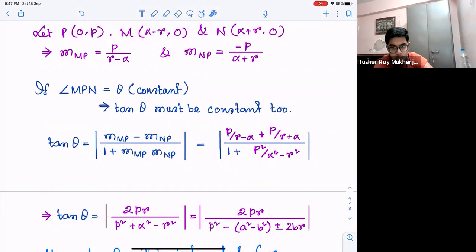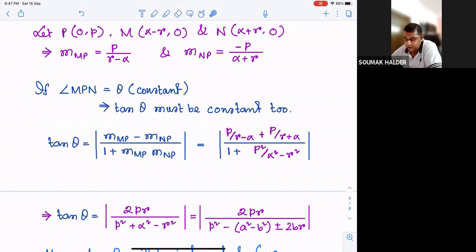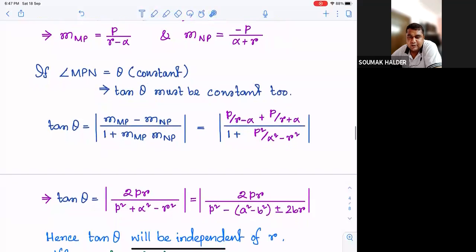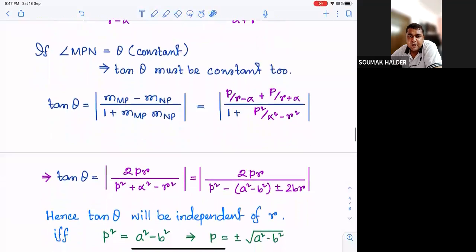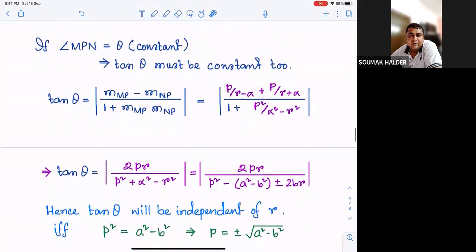No, sir. r is a variable radius, so it must be independent of r. But we cannot have cancellation of r until and unless this particular section transforms itself into 0. So that confirms that to make tan theta constant, that is, independent of r, we must have p square the same as a square minus b square, or p the same as plus or minus root over a square minus b square.